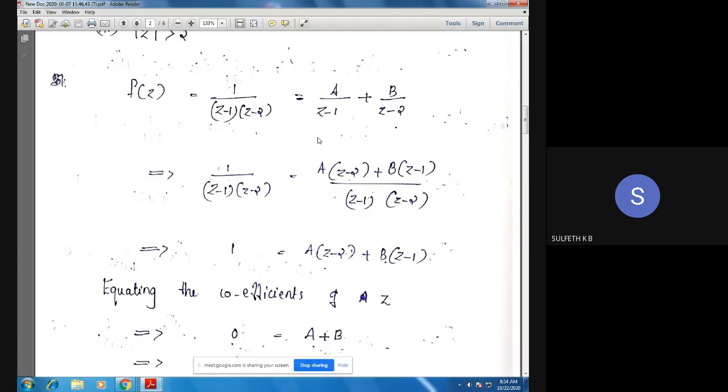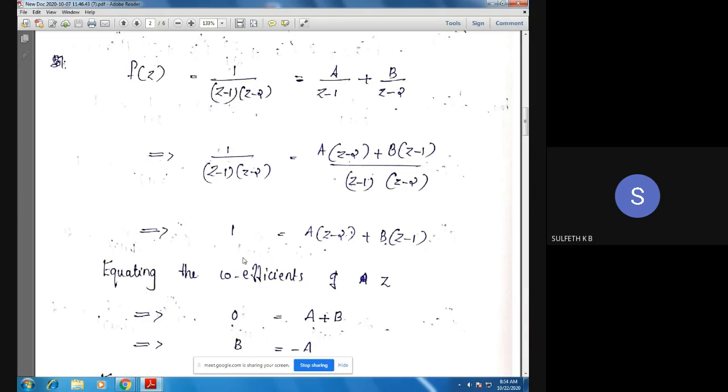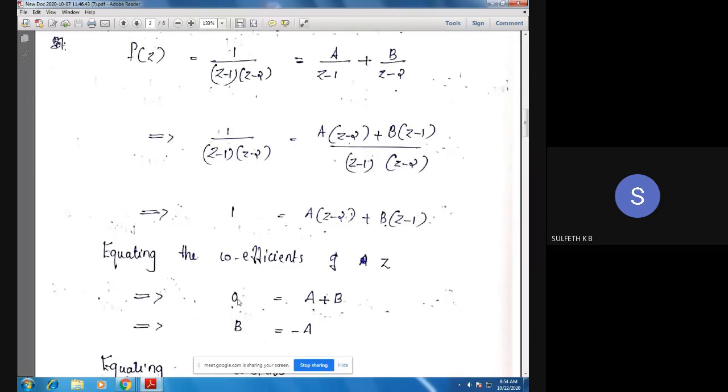We want to find the values of A and B by solving this equation. To find the values of A and B, we can equate the coefficient of z on both sides. Here there is no z term, therefore the coefficient of z is 0.